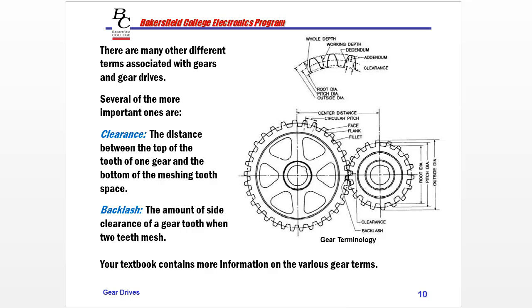We need to have that clearance on the sides because the teeth would be so tight fitting together that it would cause undue stress and a lot of friction and a lot of heat and premature failure. So proper clearance between the top and the bottom and proper backlash between the sides is very important.